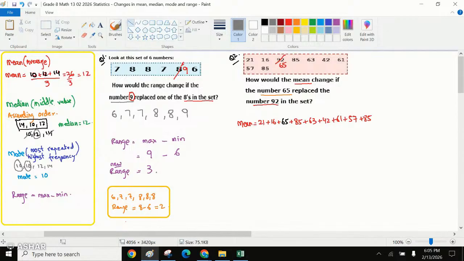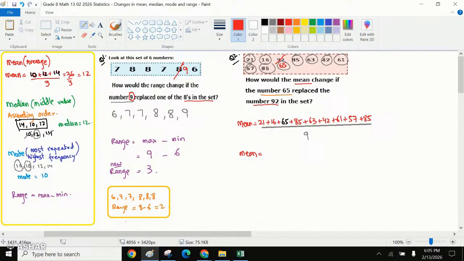And how many numbers were there in total? There were 9 numbers: 1, 2, 3, 4, 5, 6, 7, 8, and 9. So we divide by 9. Let's use a calculator to add them.